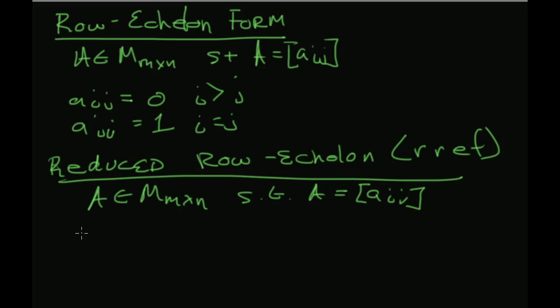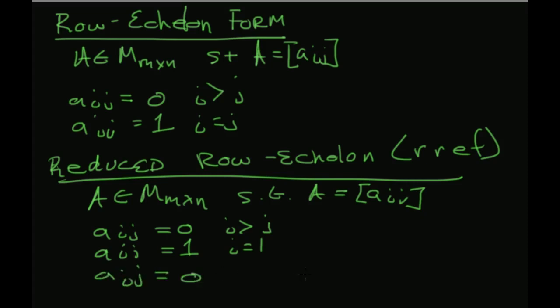The two former characteristics: Aij has to be 0 when i is greater than j, Aij has to equal 1 when i equals j, and Aij also has to equal 0 when i is less than j.